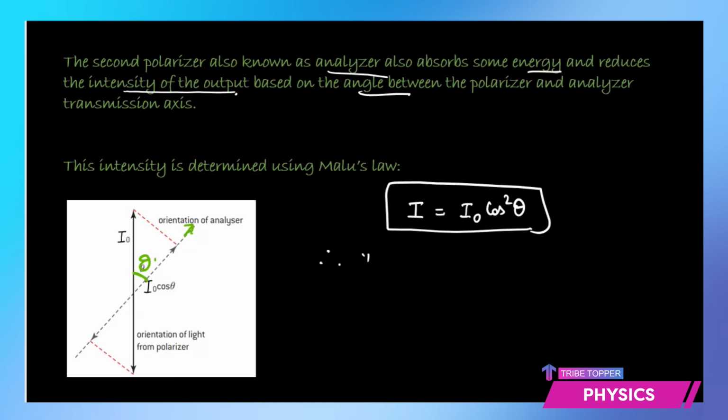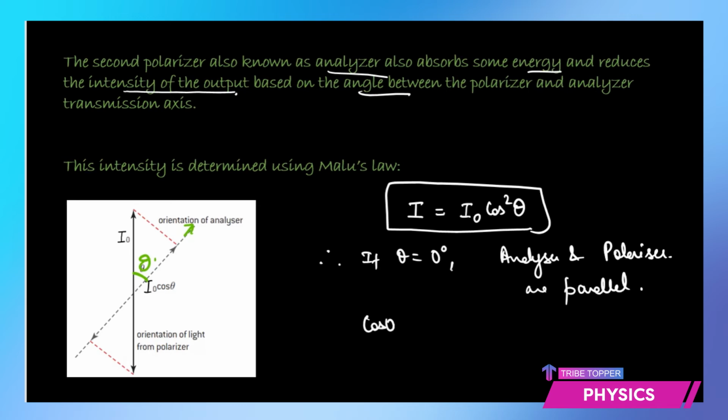Since it depends on the angle between the analyzer and polarizer, if theta is 0, that means the analyzer and polarizer have their transmission axes parallel to each other. So when they are placed parallel, theta is 0, cos 0 is 1, which is the maximum value. Therefore, the intensity coming out would be equal to I naught.